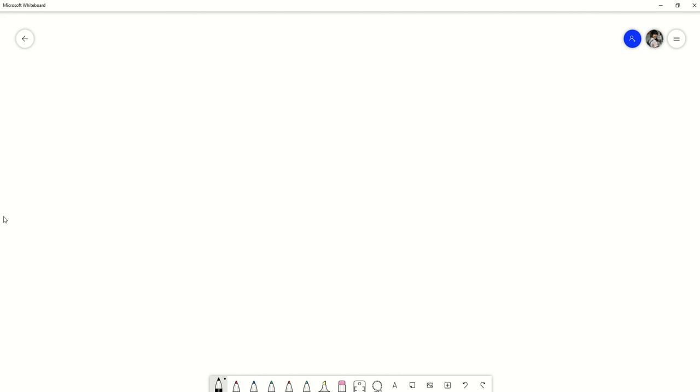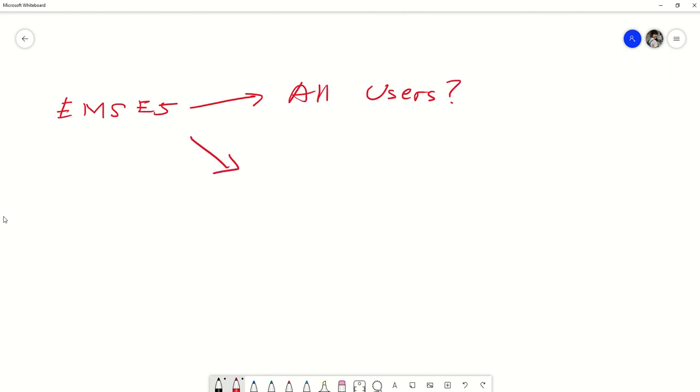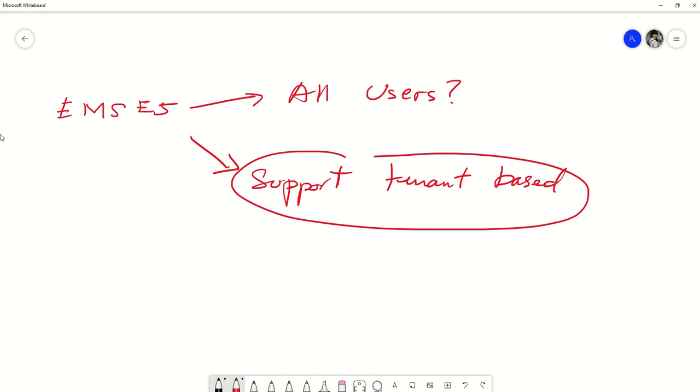Whenever we come to licensing, it's quite difficult to understand. Is it required for all users, or is it supported on a tenant basis? For Defender for Identity, it is supported on a tenant basis.